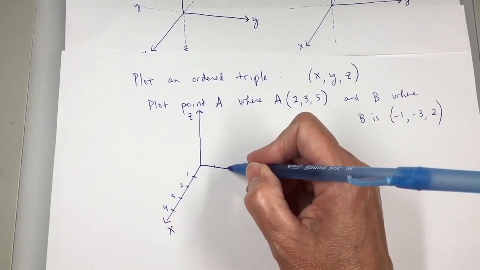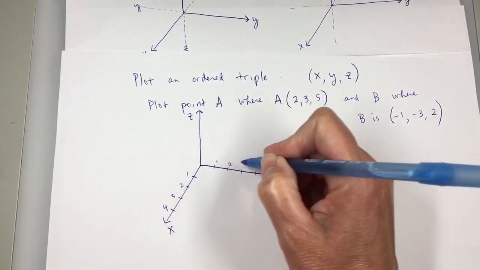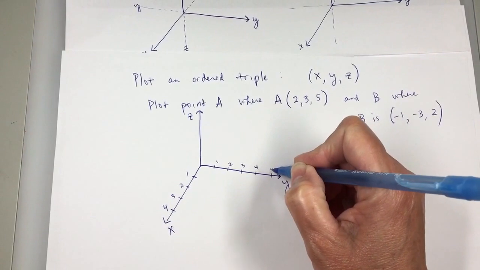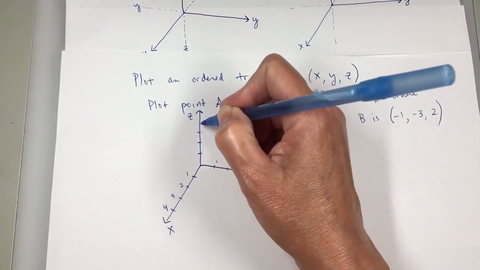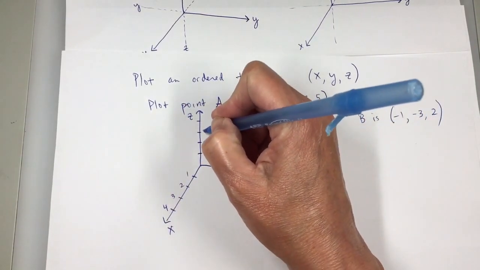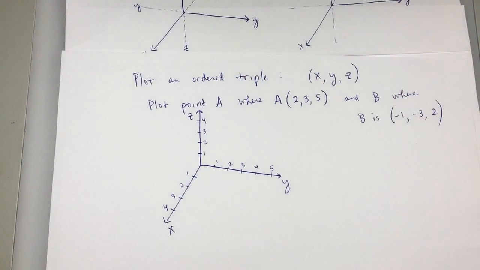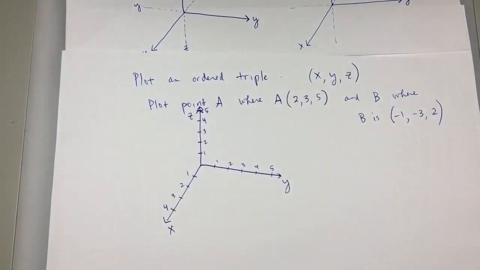On the y-axis, I'll try to use the same spacing: 1, 2, 3, 4, 5. The positive direction on z is straight up: 1, 2, 3, 4, and maybe I'll put in 5, but it keeps going.